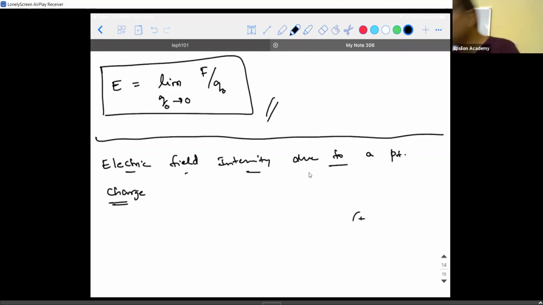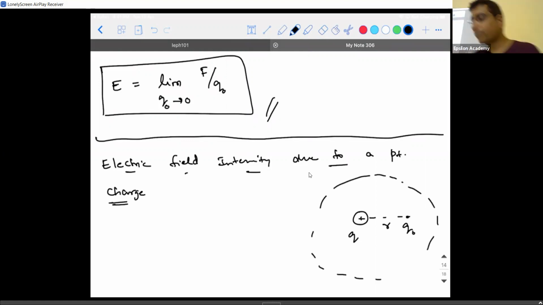So if I have a charge like this and I have a test charge Q0 placed at a distance r from it. The same story again, there will be electric field around this. Now what is the definition of electric field telling us? You calculate the force between the system of charges and divide it with the magnitude of test charge.